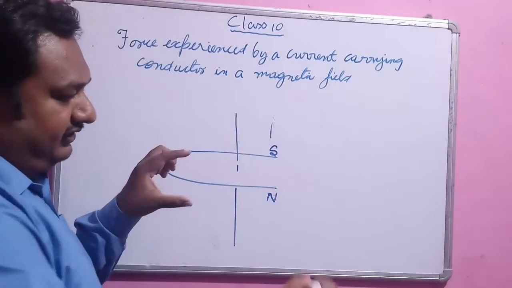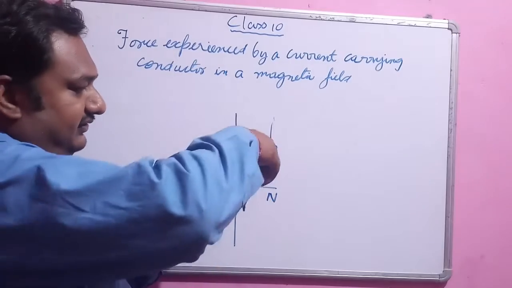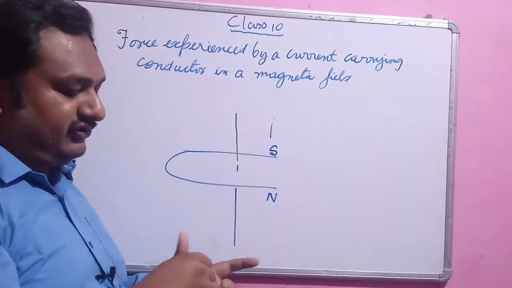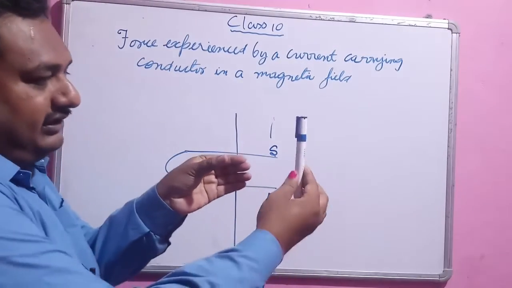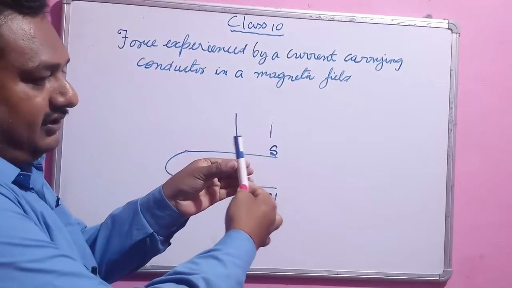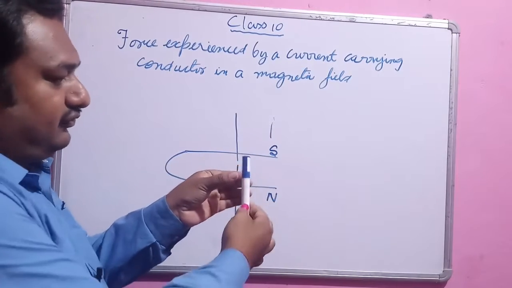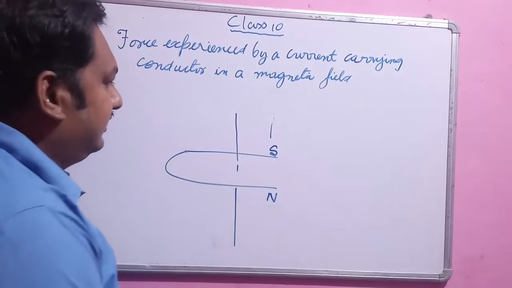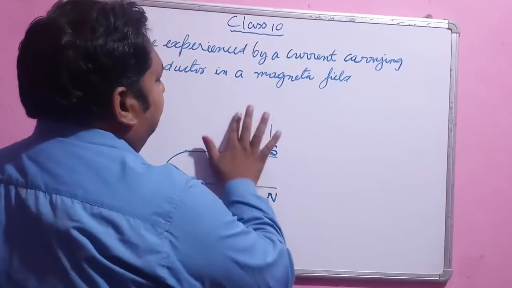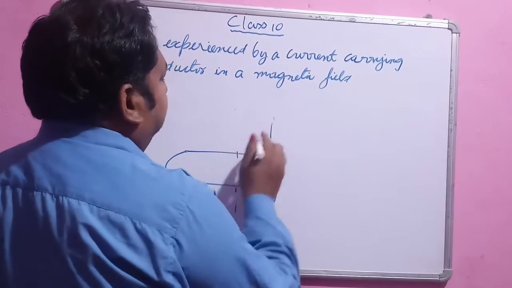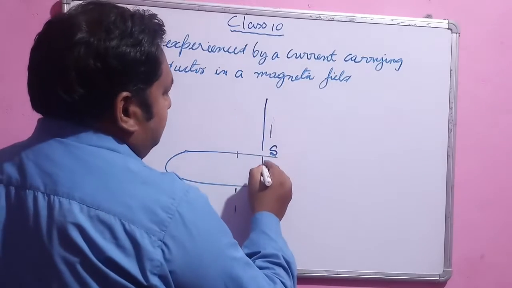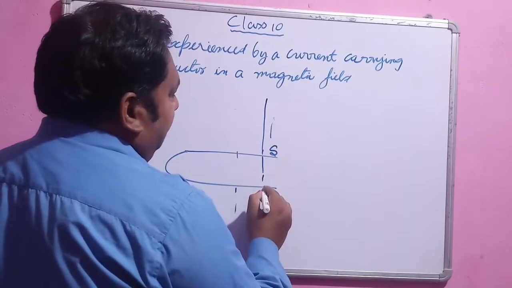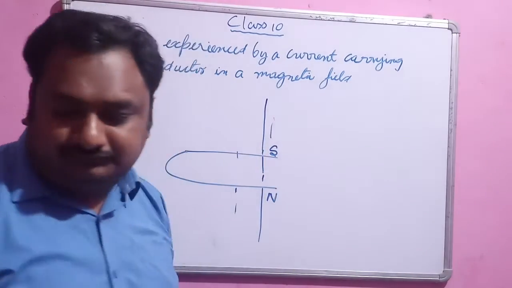Suppose this is the horseshoe magnet and this conductor is placed between the two poles of the horseshoe magnet, somewhere here, somewhat like that.